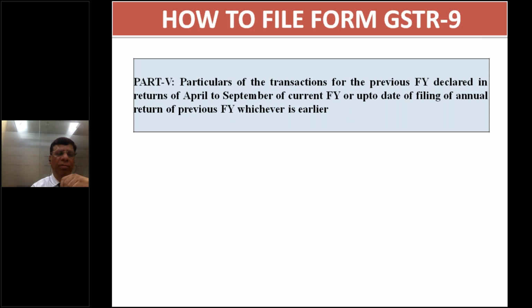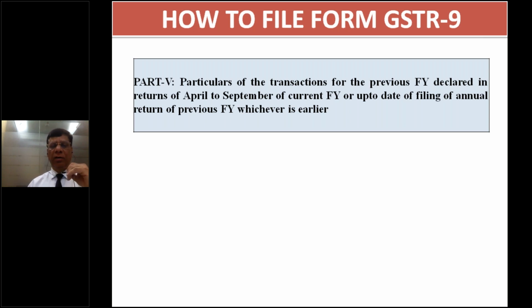Then part 5, particulars of the transactions for the previous financial year declared in returns of April to September of the current financial year or up to date of filing of annual return of the financial year, whichever is earlier. So now part 5, I'm just summing up, will contain all those adjustments to debit notes, credit notes or amendments, etc. Or you might have escaped certain claims of your ITCs, or certain outward supply bills might have been escaped.